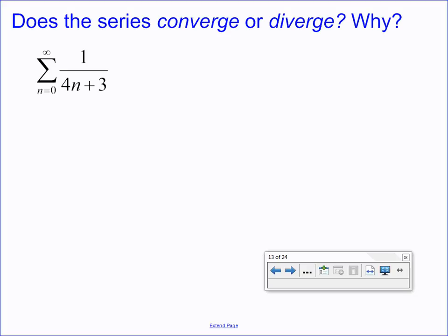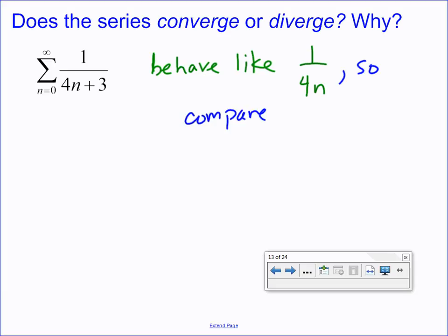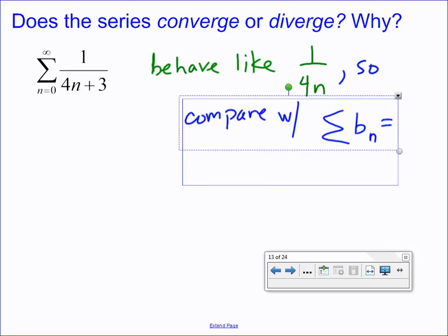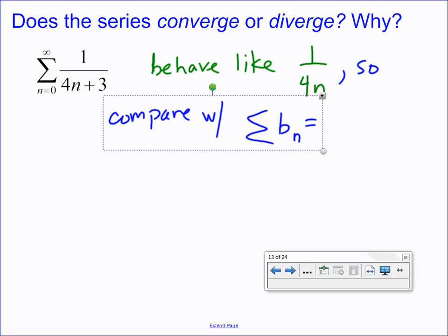No. So we've got to use our new test, our limit comparison, because I've got a hunch that in the limit this must behave like 1 over 4n. So I'm going to choose to compare it with series B, and I'm going to let that be my harmonic series, because that 1/4 could just be pulled out front.